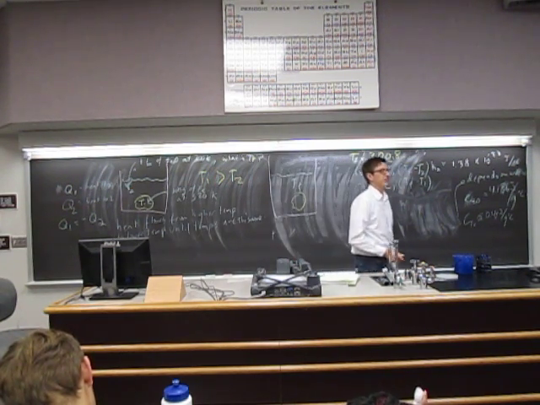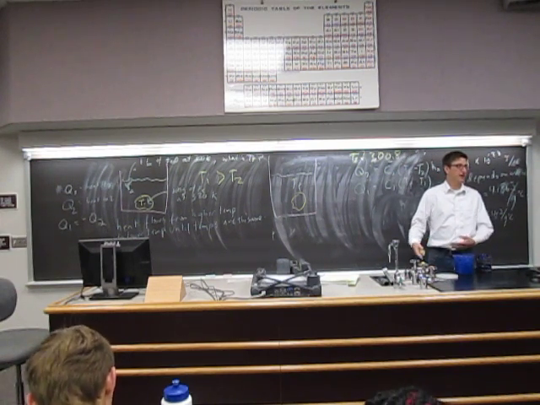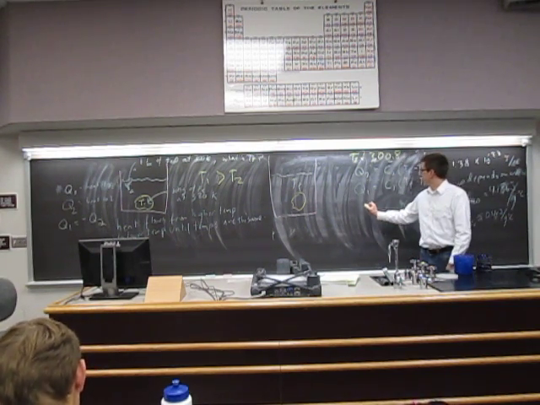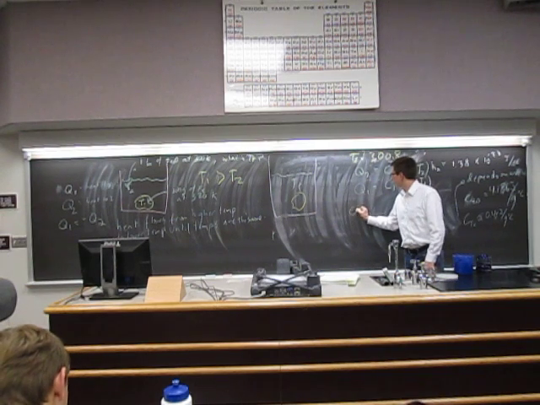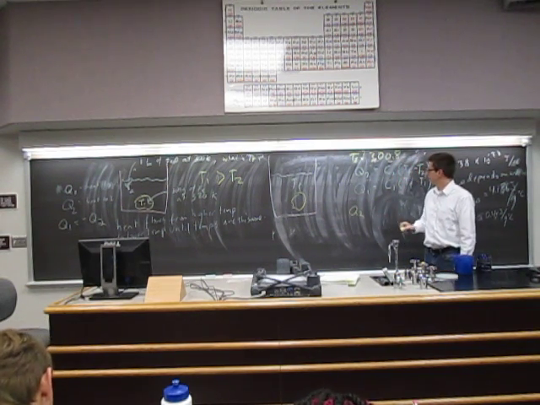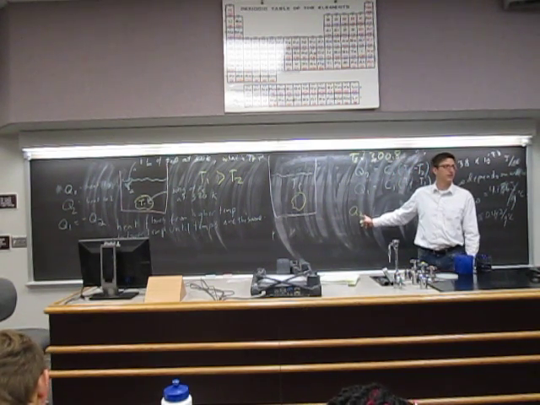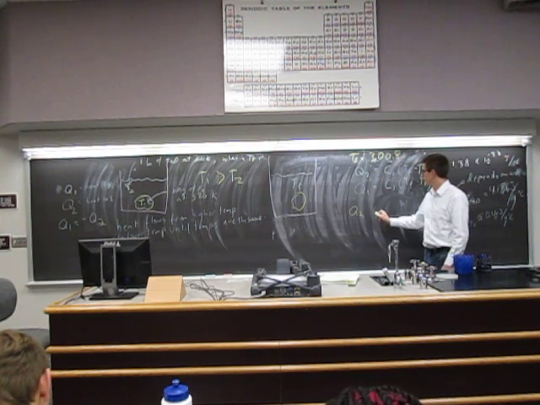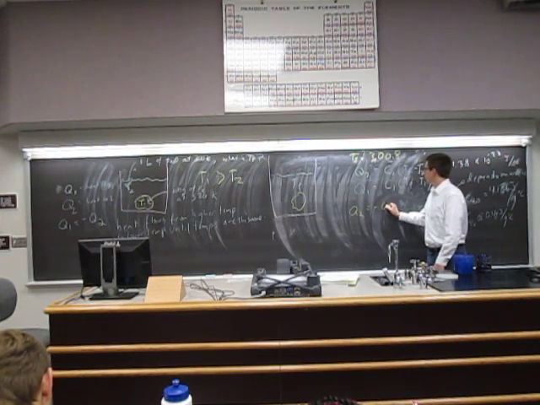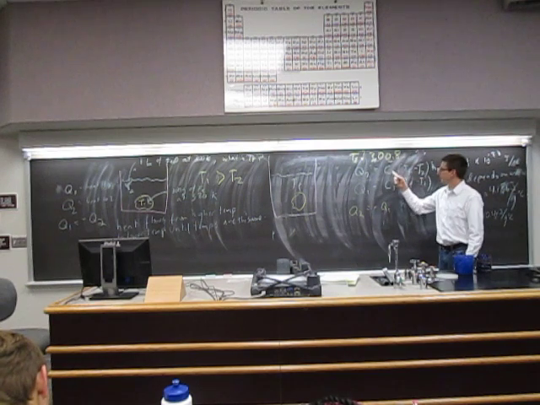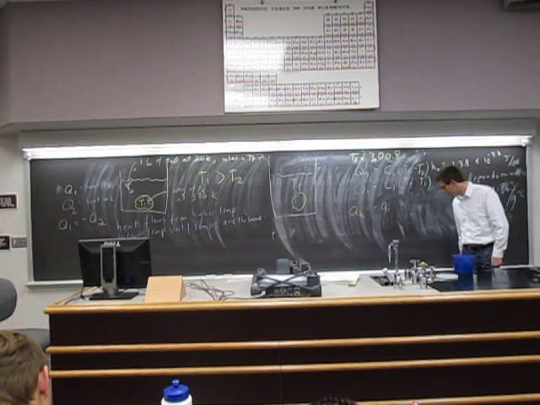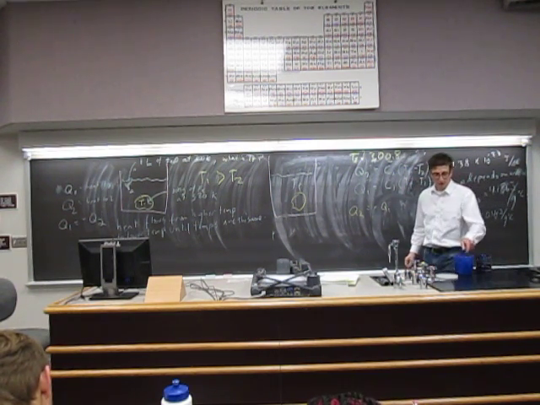It's just negative in sign. The water gains heat, the iron loses heat. So I can say that Q2, where 2 is for the water, is equal to negative Q1.